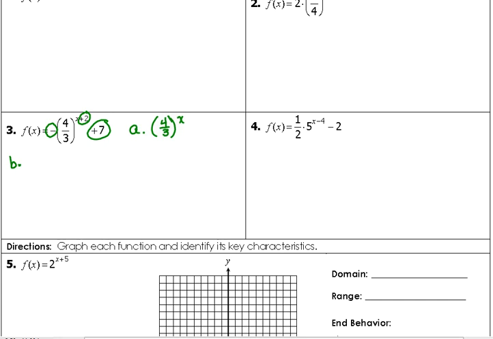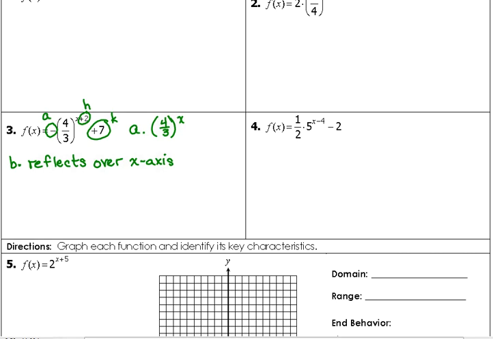So let me label them with their letters so that you can look at your notes at the top. So that negative in front is like an A. The +2 in the exponent is H. The +7 on the end is K. So if A is negative, it reflects over the x-axis. It's just -1, so it doesn't stretch or shrink.